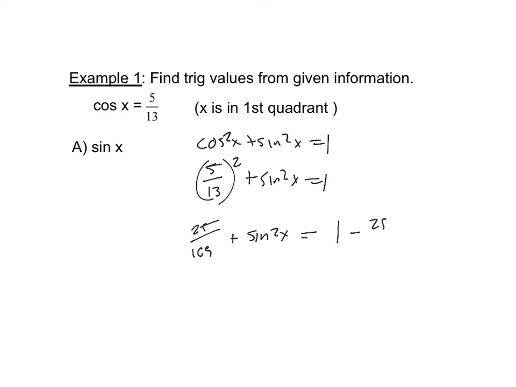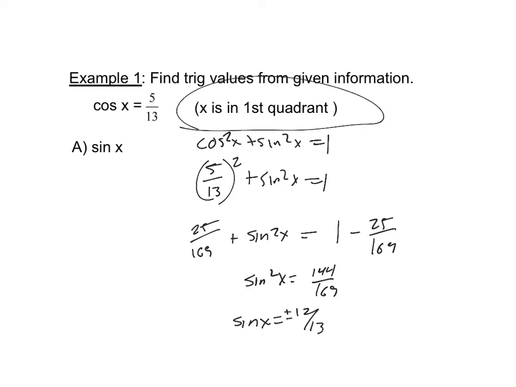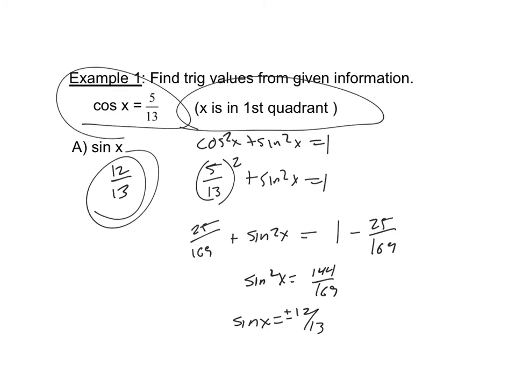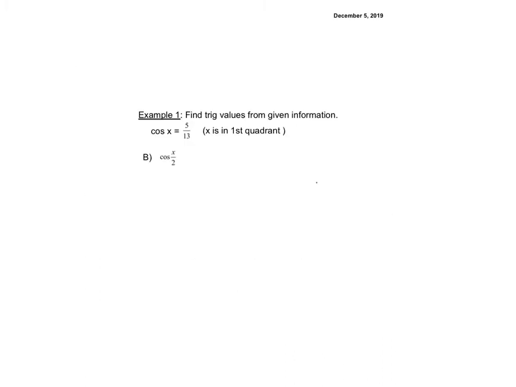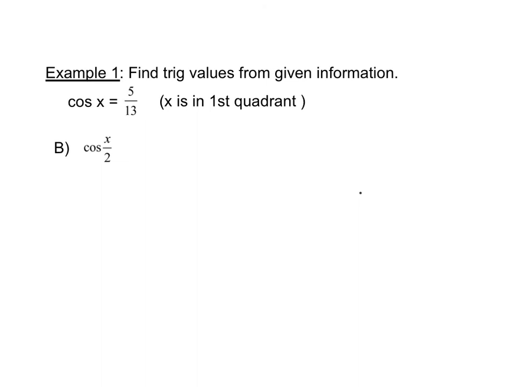I'm going to subtract 25 over 169, so sine squared x is going to equal 144 over 169. So the sine of x is going to be plus or minus 12 over 13, but it's in the first quadrant, so it's going to be 12 over 13. All right, so cosine is 5 over 13, sine is 12 over 13. Now figure out the cosine of x over 2.